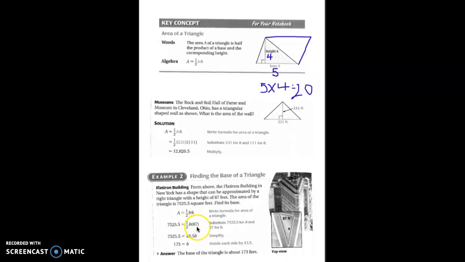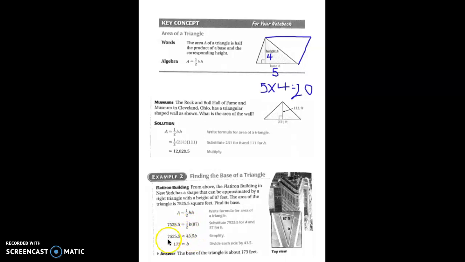So what you can do is then you simply multiply first. So this is half times base times 87. So that means you would have 43.5 base, right? All I did was half times 87, that gives you 43.5.